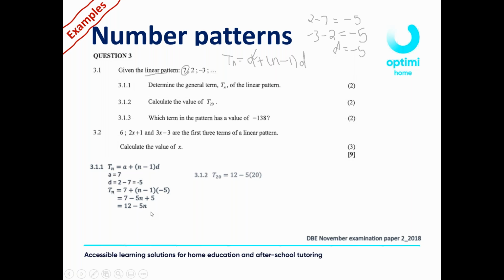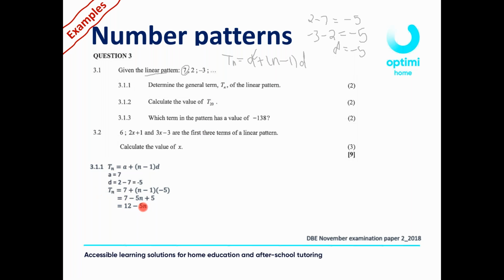Now they say, calculate the value of T20. Do you see that they substituted a 20 in the place of the n? You have this equation. You've just calculated that. You need to do what they tell you. It means that they want to know what is the value of the 20th term.